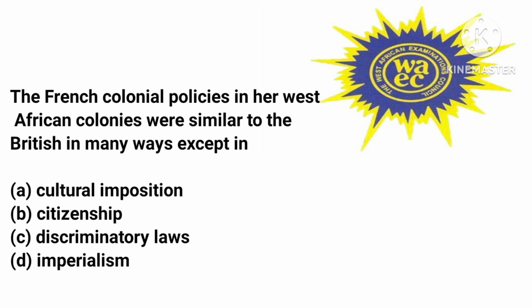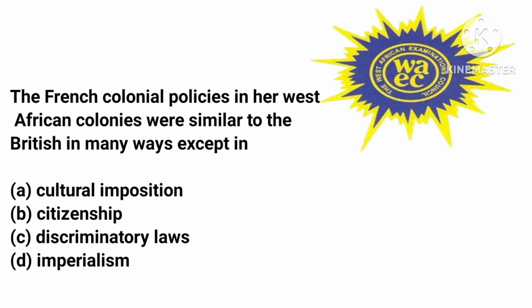Cultural imposition. This is where they are different. They are different in the cultural imposition because the French colonial masters used direct rule, while the British colonial masters used indirect rule.